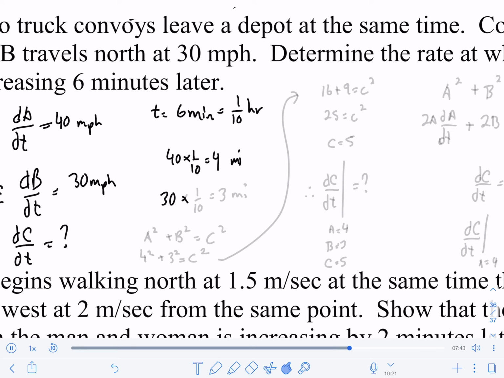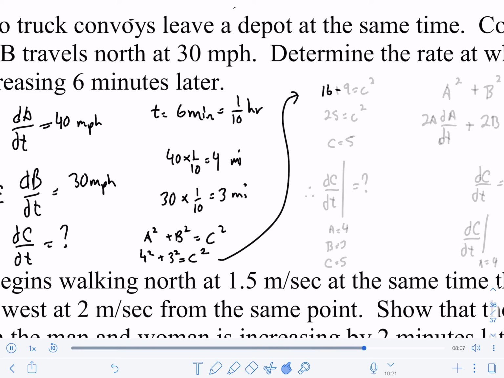B has traveled 3 miles. And then we're going to have to use A squared plus B squared equals C squared to find out how far that distance C is. So we're going to go 4 squared plus 3 squared equals C squared.